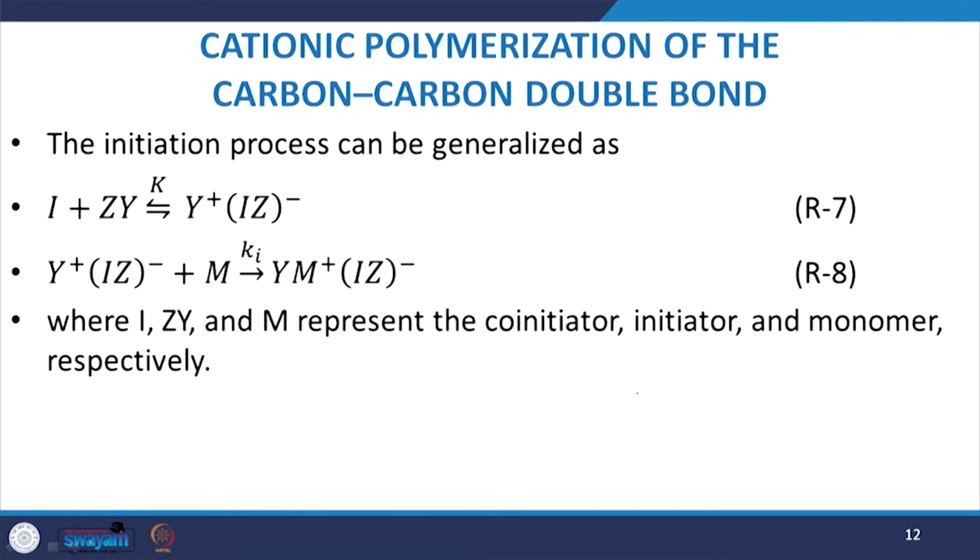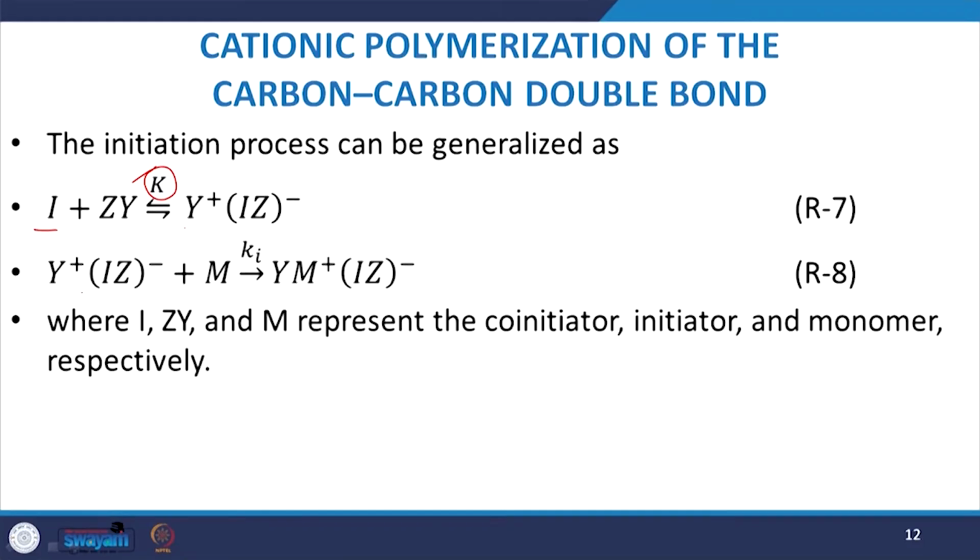Now, the initiation process, and sometimes people may ask how we can generalize this initiation process in cationic polymerization. This initiation process normally can be generalized by initiator plus ZY, with this rate constant, giving Y plus IZ negatively charged.